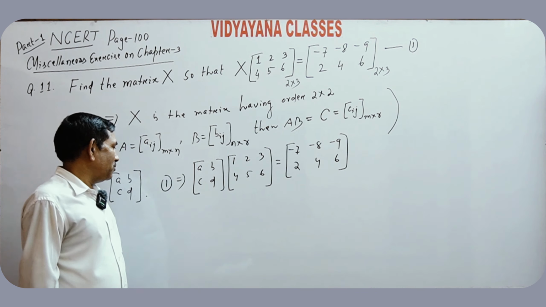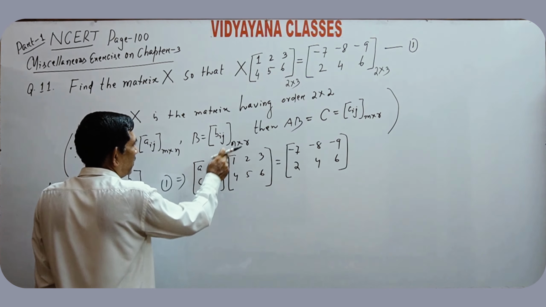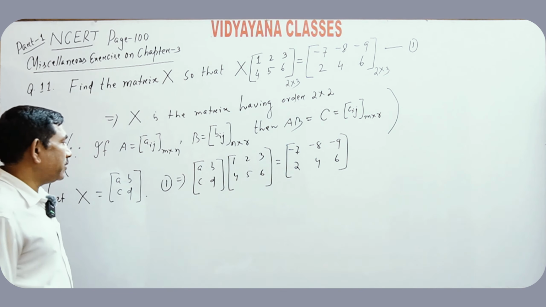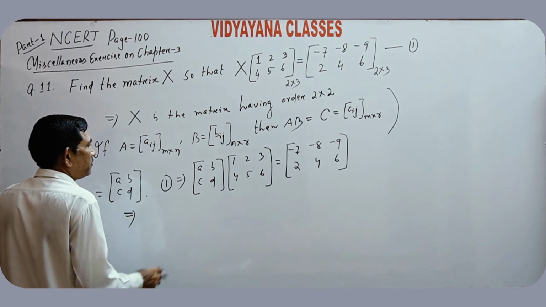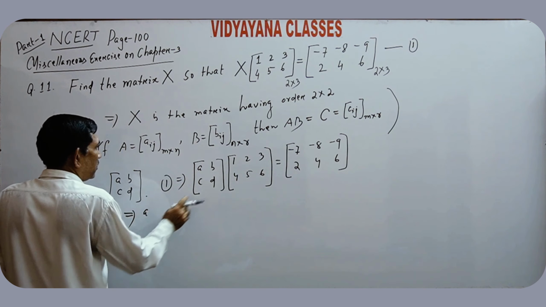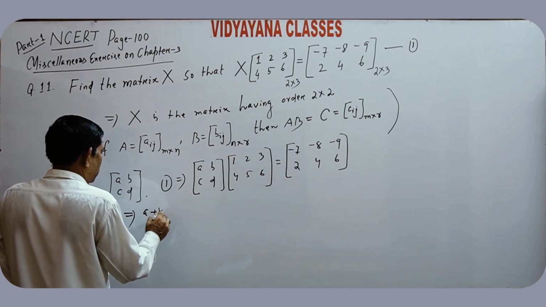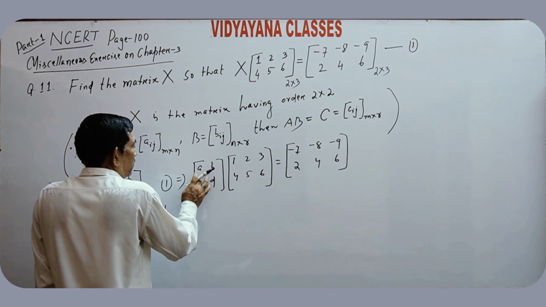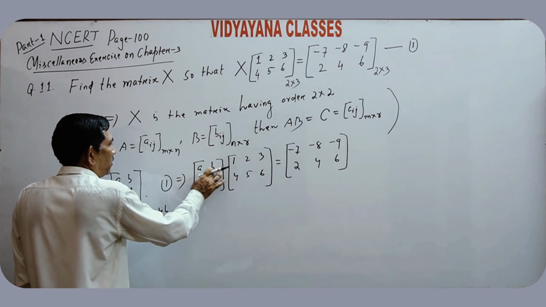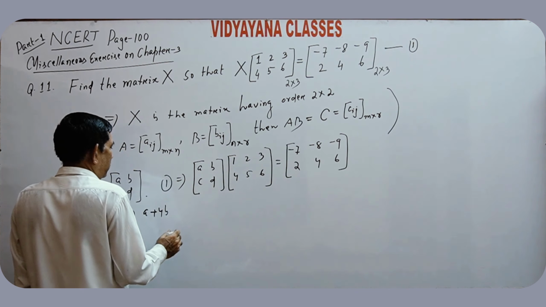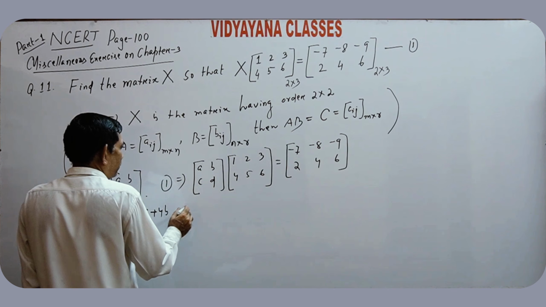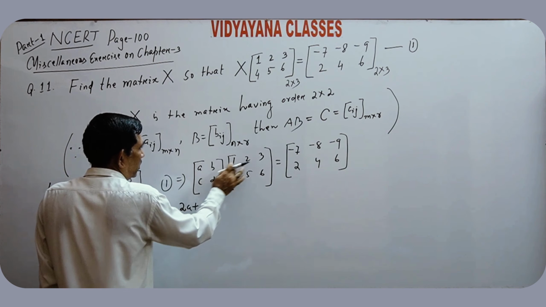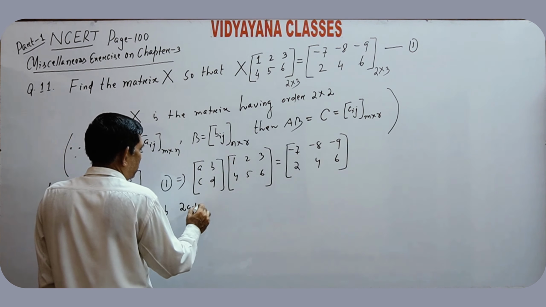By the matrix multiplication rule, go through row 1, come down in column 1, multiply the corresponding elements and add them, which implies A into 1, that is A, plus B into 4, that is 4B. Next go through row 1 and come down in column 2, which gives 2A plus 5B.